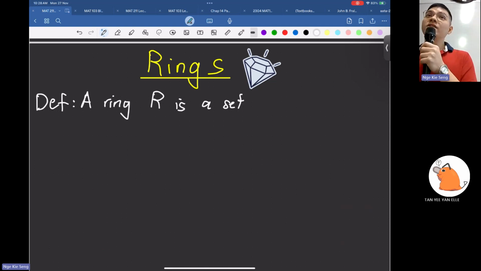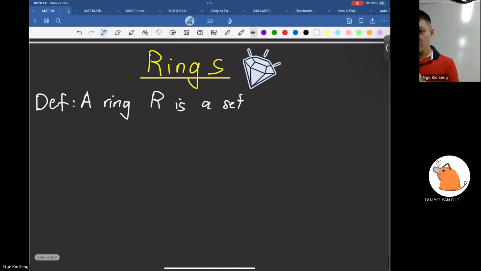Must remember this. Integer is a ring. This is a basic ring we have. I will explain why integer is a ring, but keep in mind that when I talk about rings, integer should straight away pop up in your mind. Later we will argue why integer is a ring.